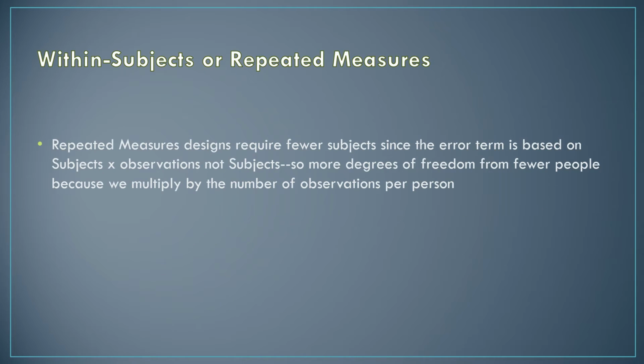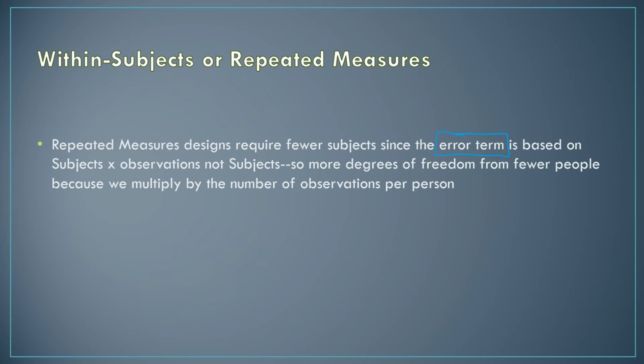So within subjects or repeated measure designs are very useful, but you have to be aware that the error term is very different than when you are dealing with between subjects designs. So with between subjects designs, the within sum of squares is your error term.